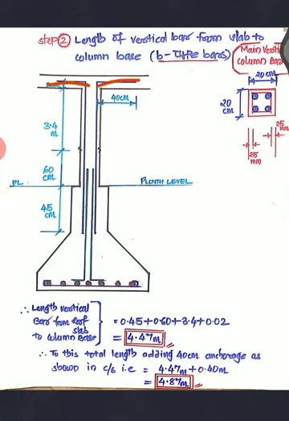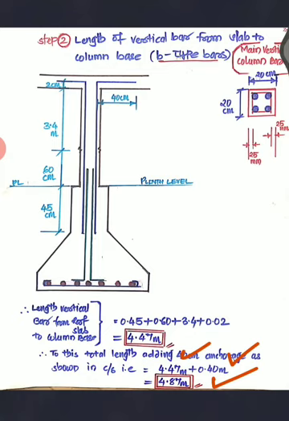As the bar starts from here, it comes up and enters 2 centimeter into the slab, then it is going to bend in this direction. So you have to add that extra 40 centimeter. I am adding 40 centimeter anchorage, as shown in the cross section, to this total length. That is 4.47 plus 0.40 meter, which is 4.87 meters.